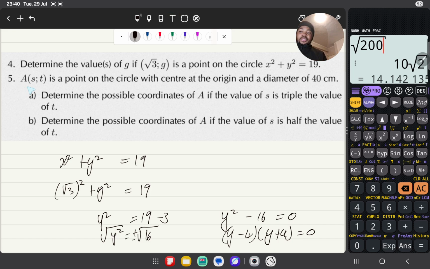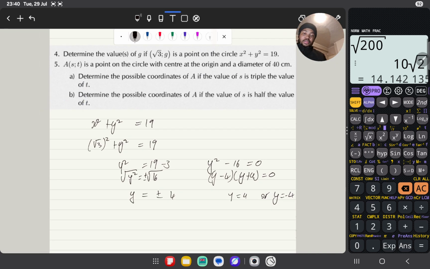And then here they say, it's a new question. A, which is (S, T), is a point on a circle with the center at the origin, and the diameter is 40. That is so cool. If the diameter is 40, what is the radius? 20, right?